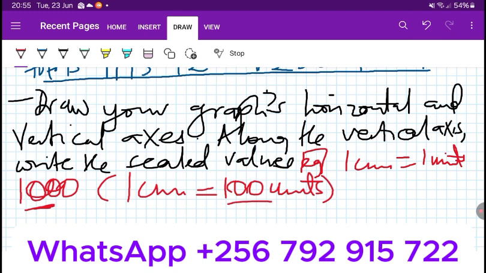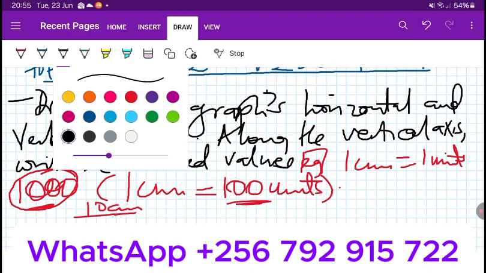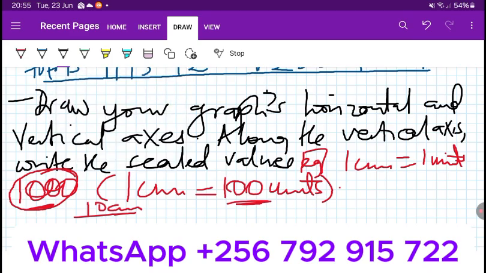Otherwise, this data, you will only need 10 centimeters to represent this information. So that's for the vertical axis. For the vertical axis, you put the scaled values depending on the scale that you selected.